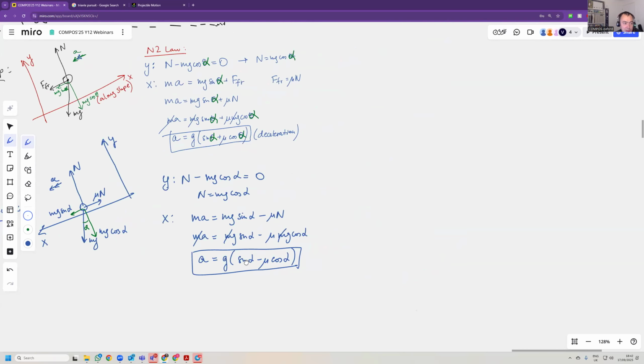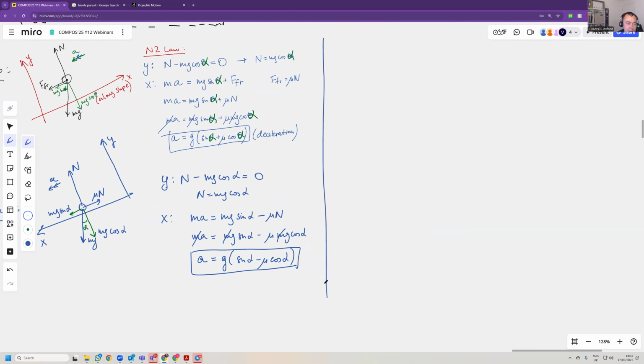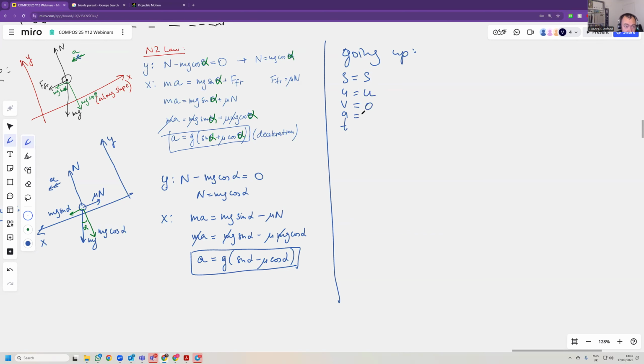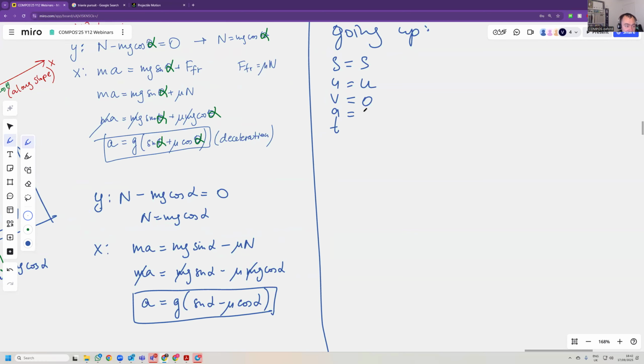All right, so now you can do SUVAT. Going up: displacement is s, initial velocity is u, final velocity is 0. Acceleration is minus g (sine alpha plus mu cos alpha), and t is, let's call it tau.